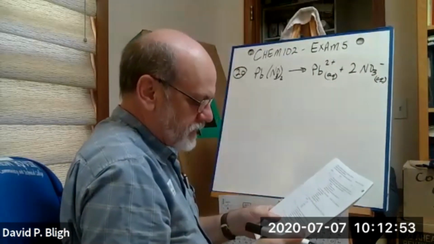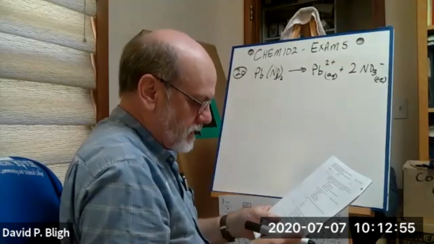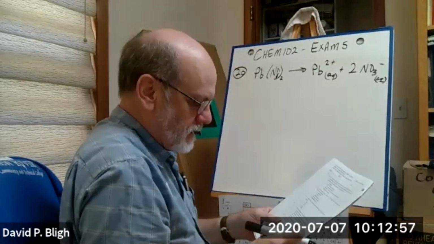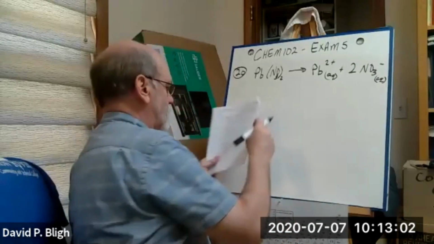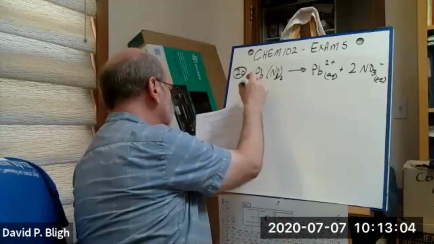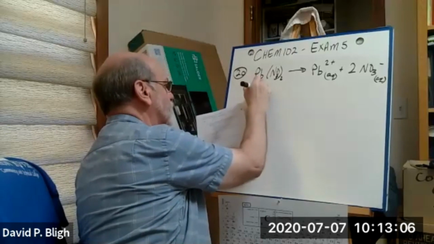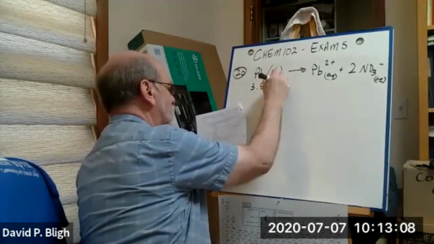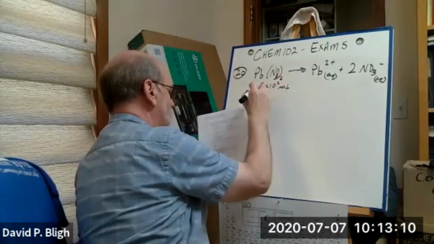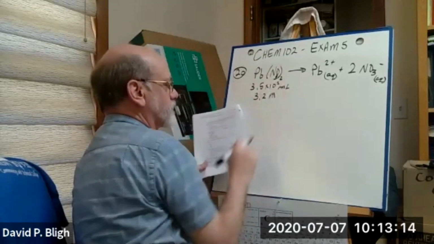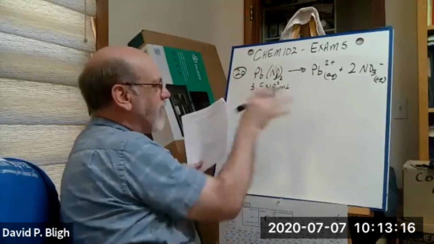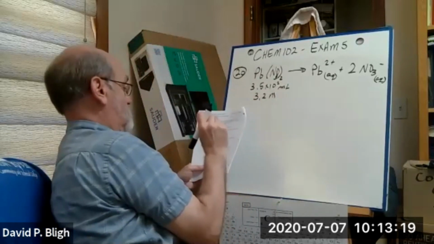And the problem says that this solution, we add this much of this concentration into solution. And we combine that with sodium chloride.